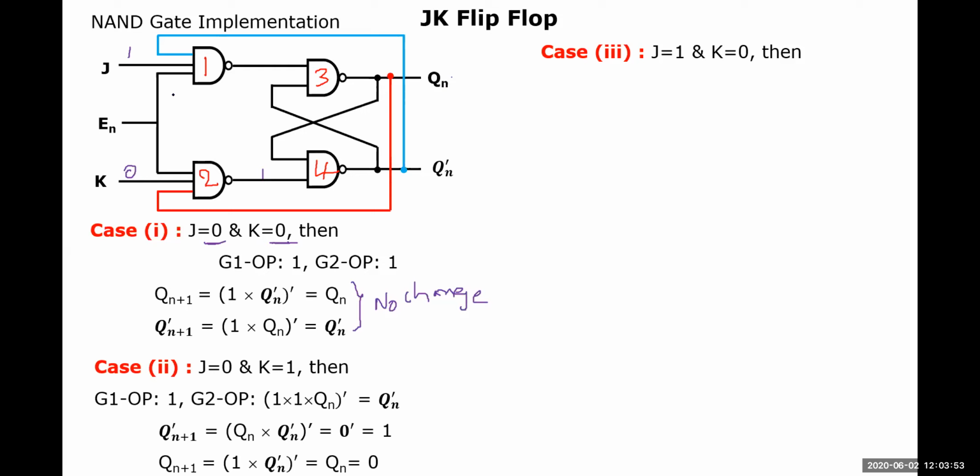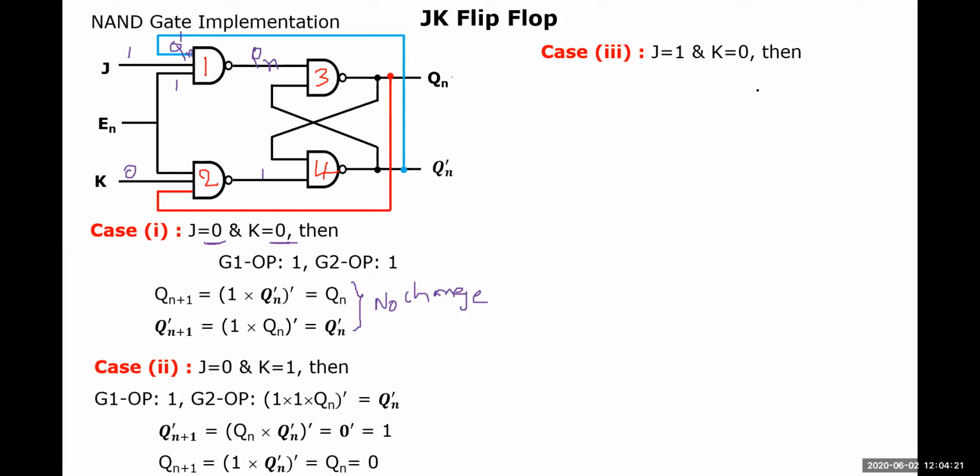Now it is 1, and enable is also 1. Because enable is also 1, you have to take into consideration this blue line. The blue line has taken the feedback from Qn complement. So here this input will be Qn complement. So 1 into Qn complement whole complement equals Qn here. That is what I have written over there.